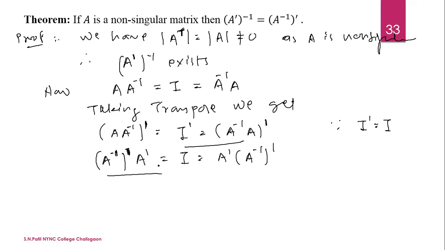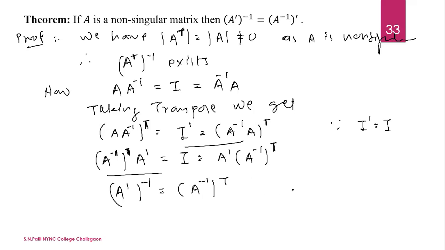So for this relation we post multiply by A transpose raised to inverse, that is A transpose inverse is equal to A raised to minus 1 transpose, that is A inverse transpose. We consider this T to avoid confusion. Okay, which is the required proof.